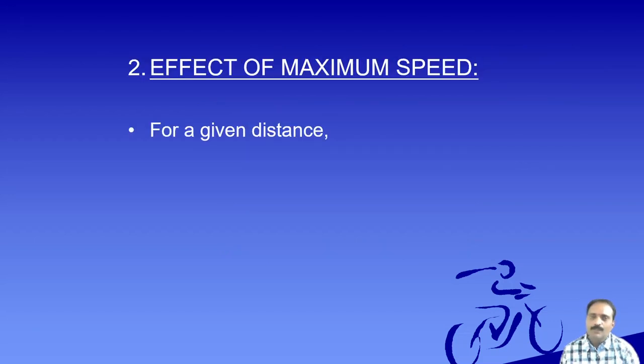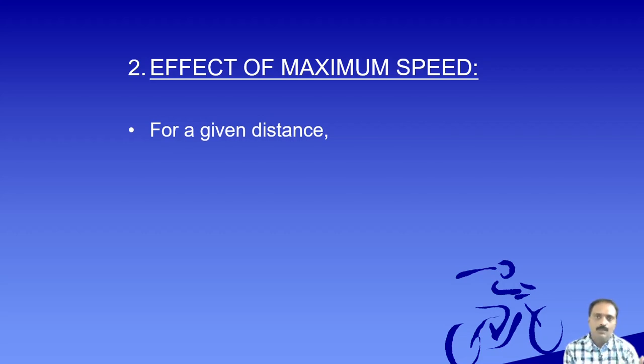Similarly, maximum speed also has the same relation. If you increase the value of maximum speed, the total time of run to cover the distance is going to decrease. Consider two cases where the maximum speed is in one case 50 kmph and in another case say 75 kmph. Obviously, in the second case, as the speed is more and the distance is constant, the time of run will be decreased.